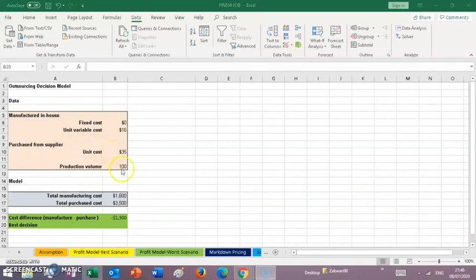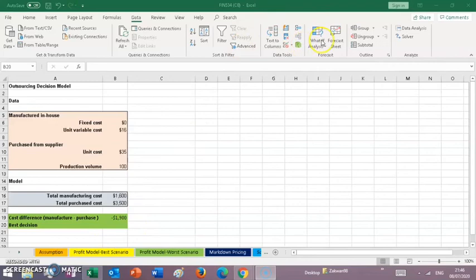But actually, for this business I can only buy from the supplier for the product, because this is bundle. If I can make it manufactured in-house, so we need to get the difference in positive.